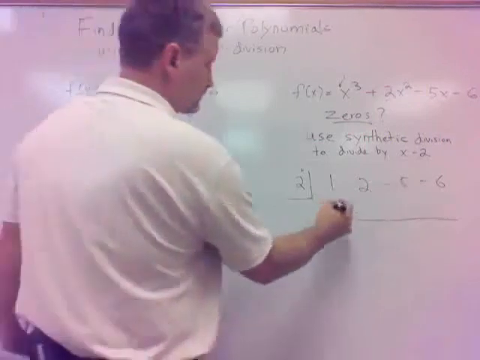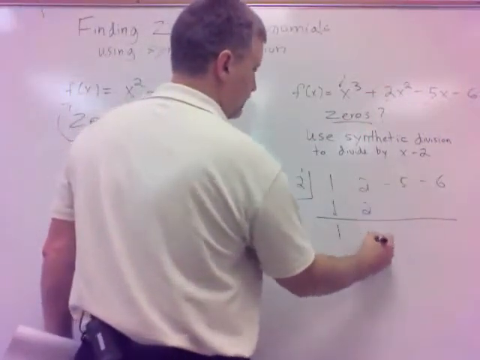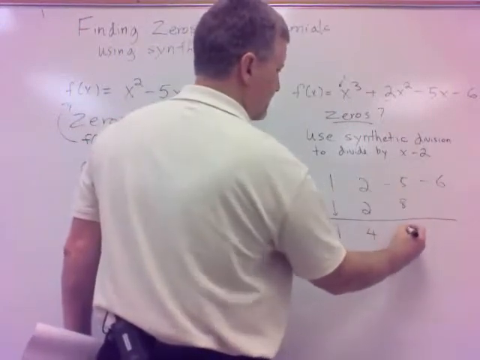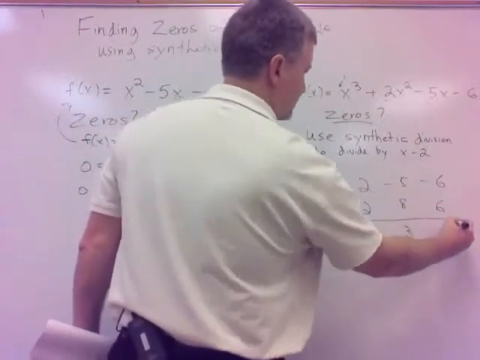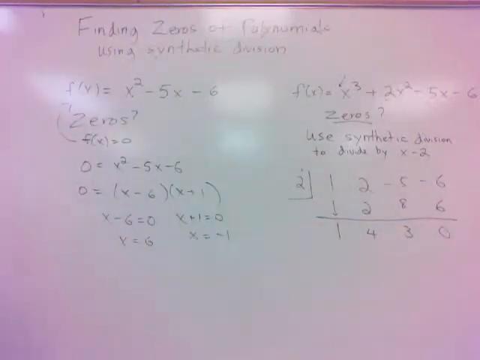I get 1. 1 times 2 is 2. 2 plus 2 is 4. 4 times 2 is 8. Negative 5 plus 8 is 3. 3 times 2 is 6. Negative 6 plus 6 is 0. Okay, so first thing first.